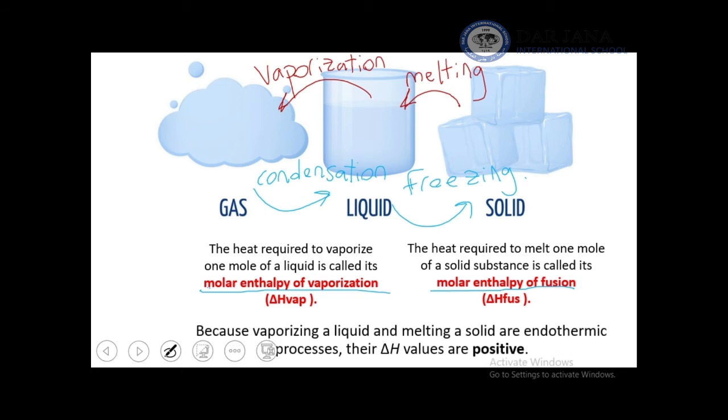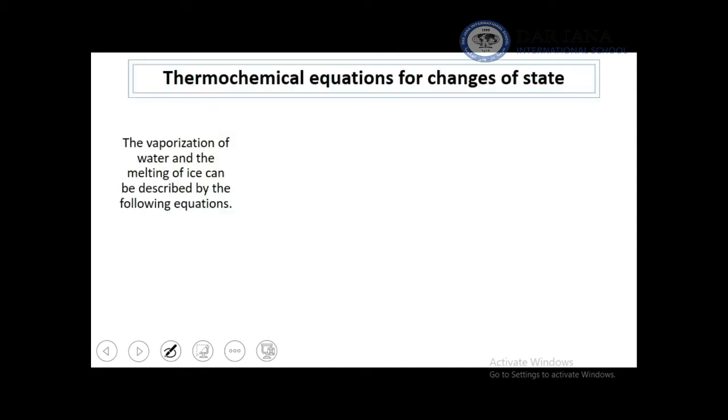What about these two values? By the way, guys, they are positive. The value of this one and this one is positive because both of them are endothermic. The solid should absorb energy to melt, and the liquid should absorb energy to vaporize.